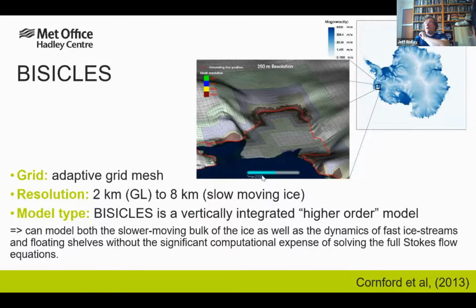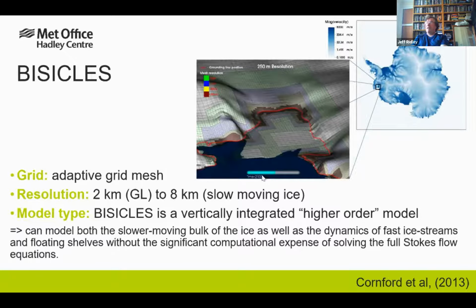At the grounding line, there's a very, very large difference in the shear, so it needs very high resolution at the grounding line. But of course, the grounding line moves, so the adaptive grid follows the grounding line. But you don't want high resolution where the model is doing nothing interesting.